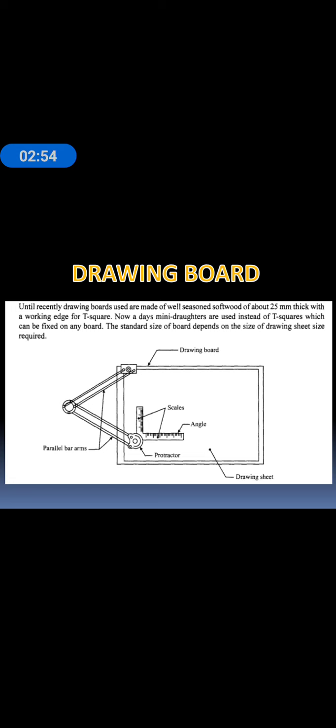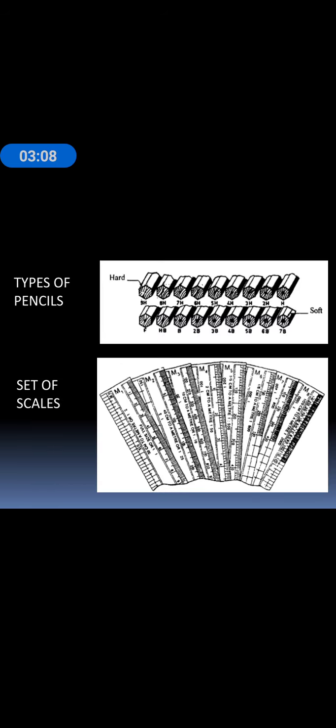Then in the starting we set our drafter in the top left portion and check the proper range from all the area in a drawing sheet. Then set all the boundary lines and title box of the drawing sheet and take the proper size for a title box. Then we use different types of pencil and different types of scale.